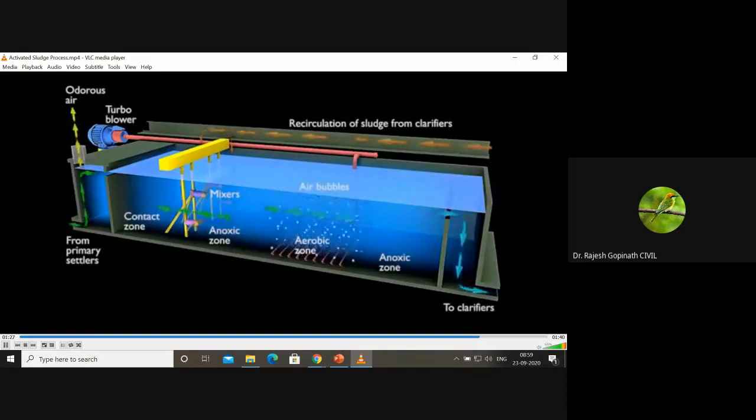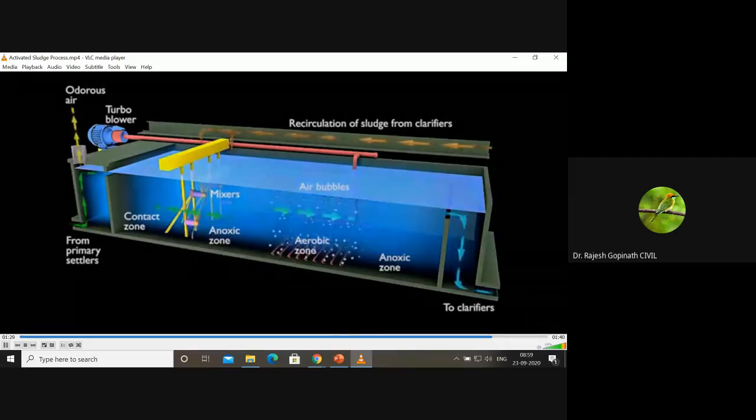So now if you see here, this is where the wastewater from the primary clarifier comes. This is where probably aeration is taking place, and this is where the treated wastewater is going to the secondary clarifier, and from the secondary clarifier a part of the sludge is being returned.